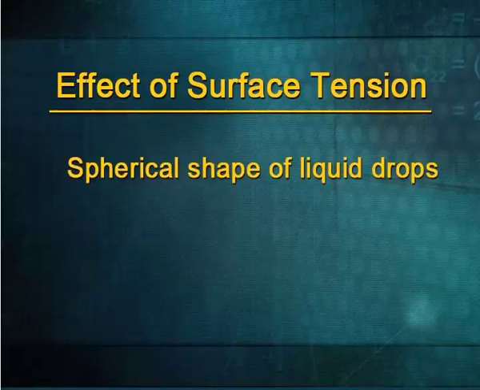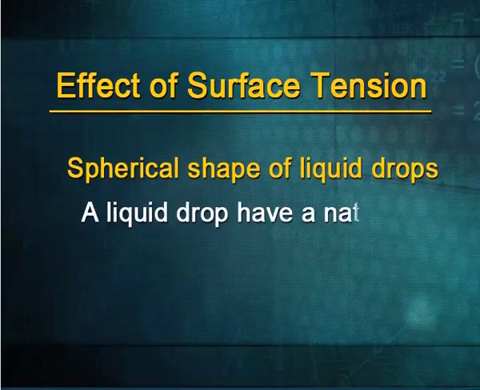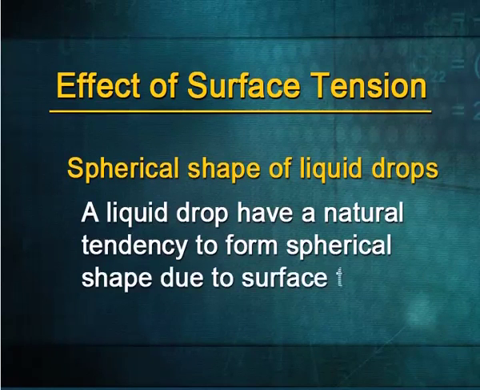Students, now we will study about the various effects of surface tension which you will observe in your day-to-day life. First one is spherical shape of liquid droplets. A liquid drop has a natural tendency to form spherical shape. This is due to surface tension.